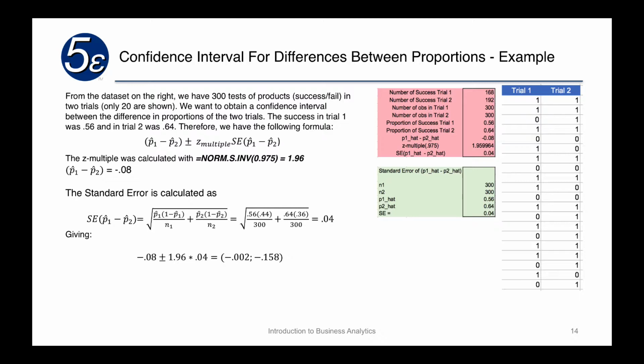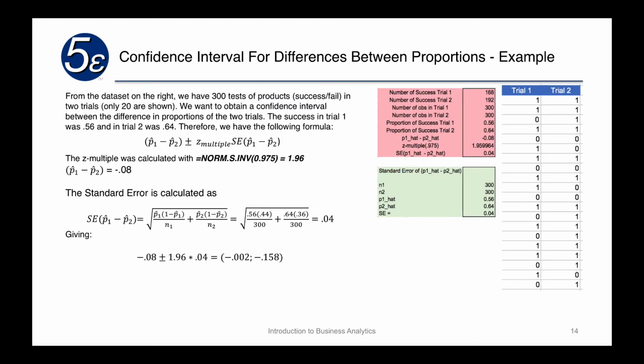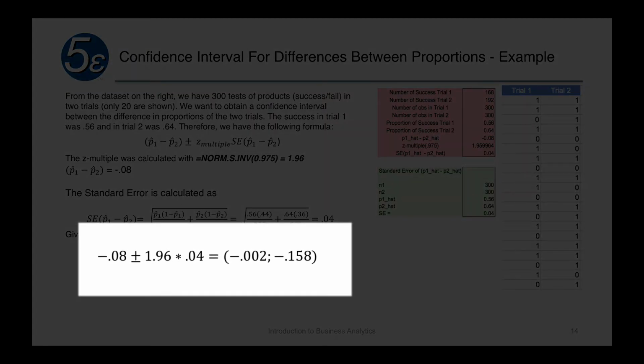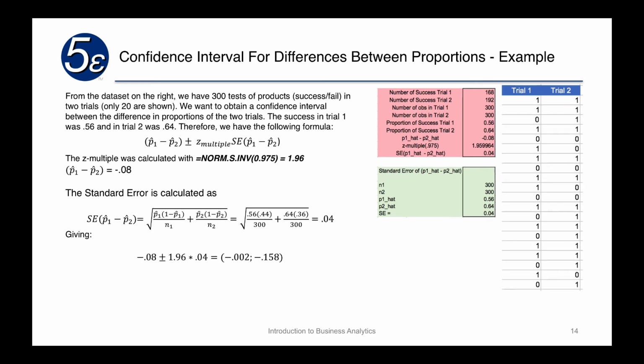Our standard error is calculated as the square root of 0.56 times 0.44 divided by 300, plus 0.64 times 0.36 divided by 300, and this gives us a value of 0.04. Therefore, our confidence interval will be negative 0.08 plus or minus 1.96 times 0.04. And therefore, we have a lower bound of negative 0.158 and an upper bound of negative 0.002.